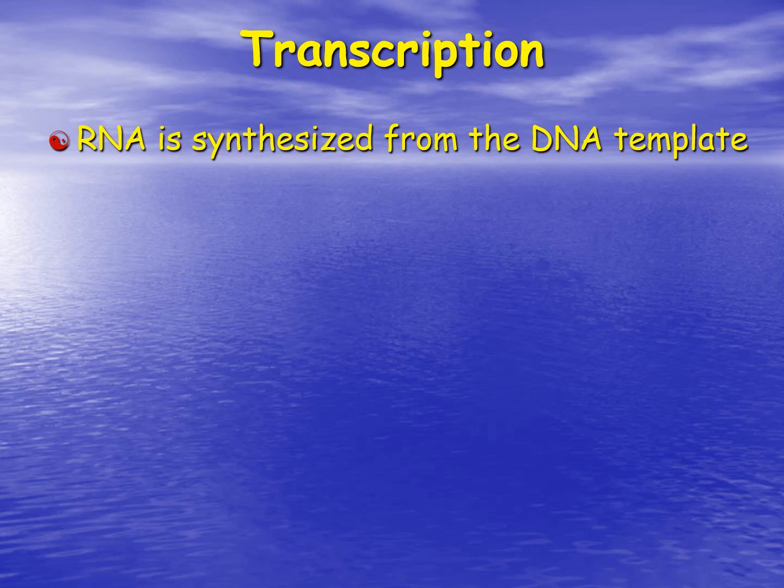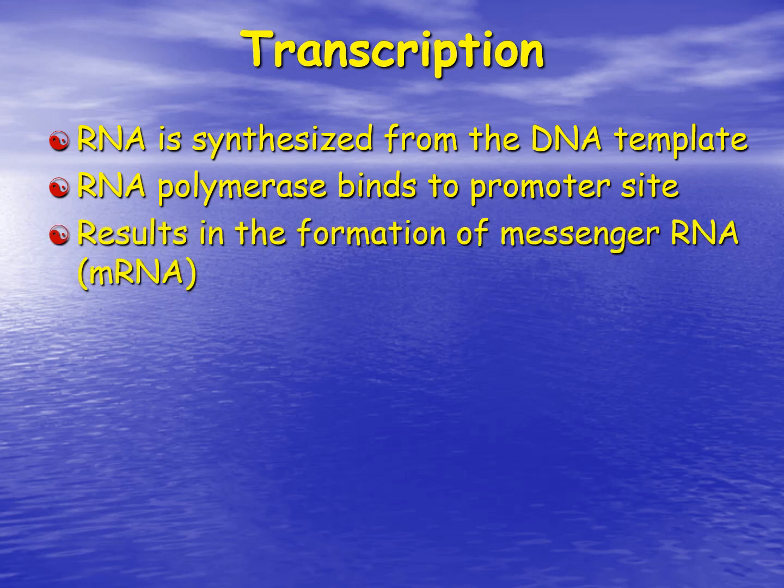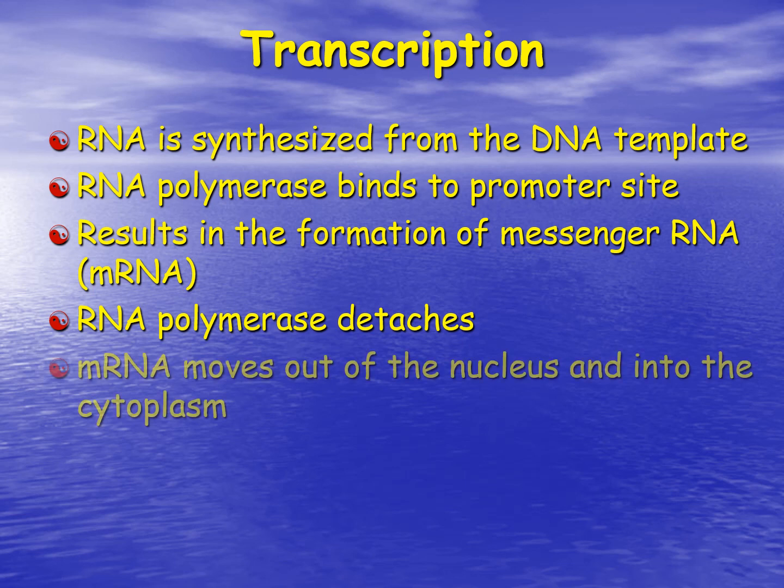So messenger RNA is synthesized from the DNA template. RNA polymerase is what's going to accomplish this. It will bind to the promoter site of the gene. This results in a complementary copy of messenger RNA. The RNA polymerase will detach from the gene at the termination segment, and we'll talk about how that happens.